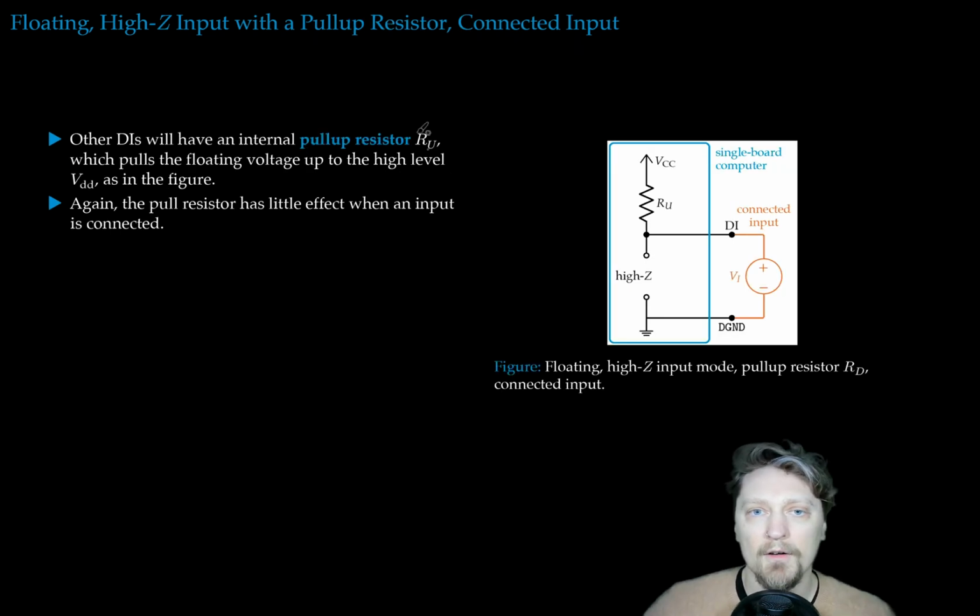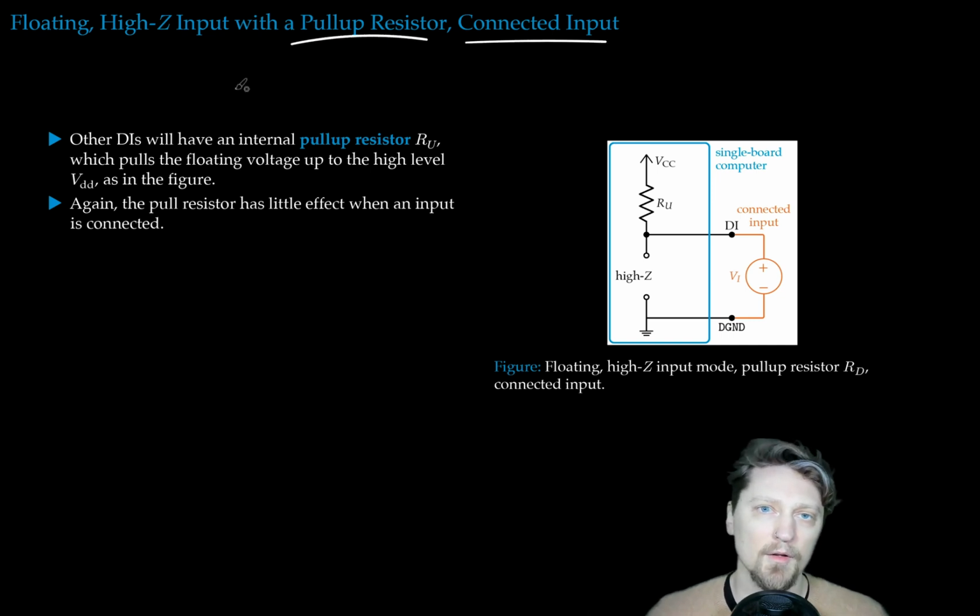Okay, so now let's have a pull-up resistor and connected input. So the pull-up resistor will make the default value of this digital input pin the high voltage, so connected to VCC, so it will go to high voltage when the connected input is disconnected. But when the connected input is connected, the fact that this default value is high will not have a significant effect on the connected input's value.